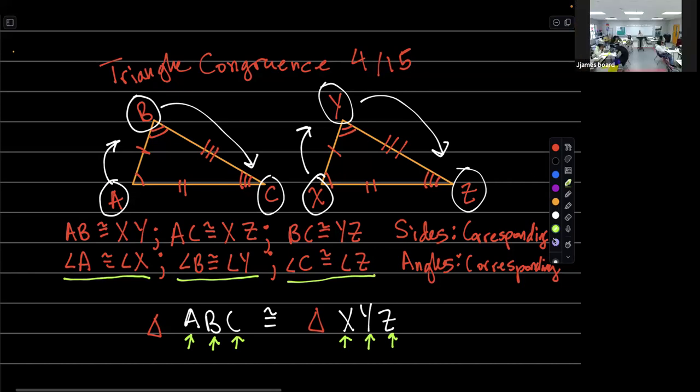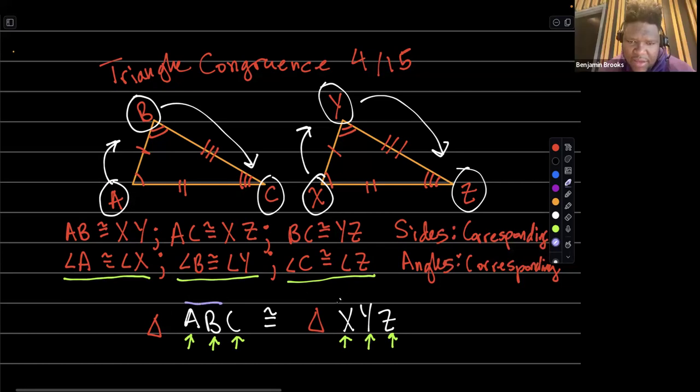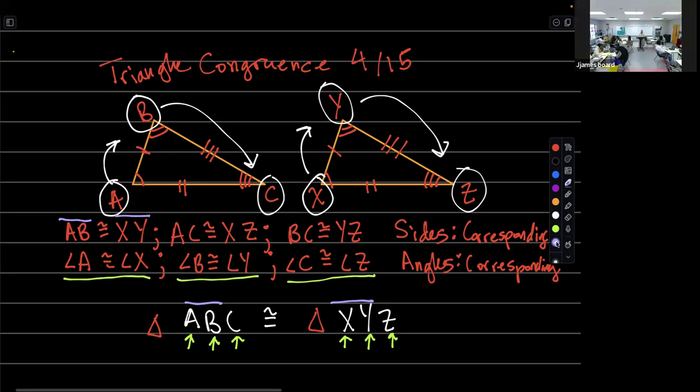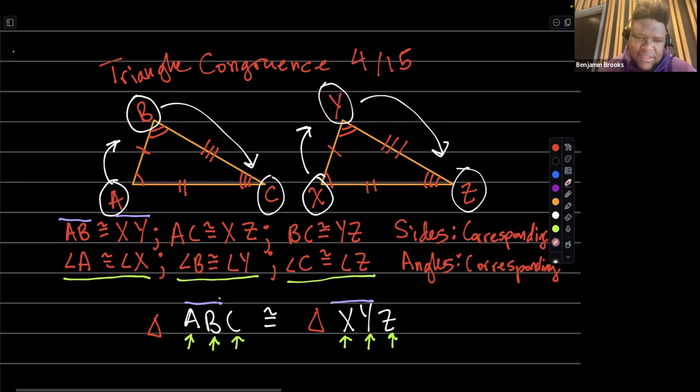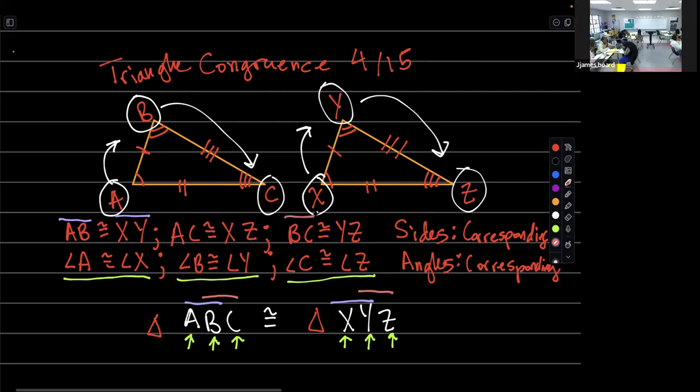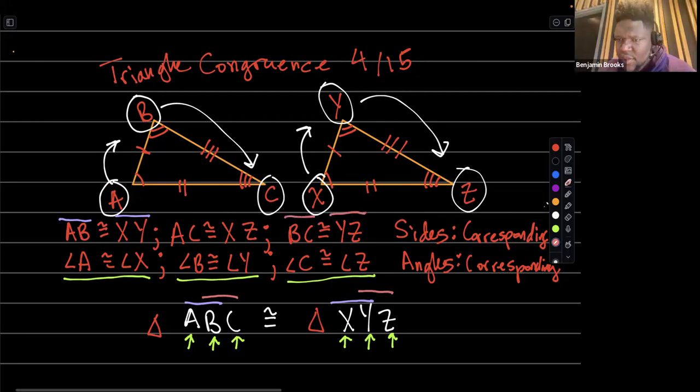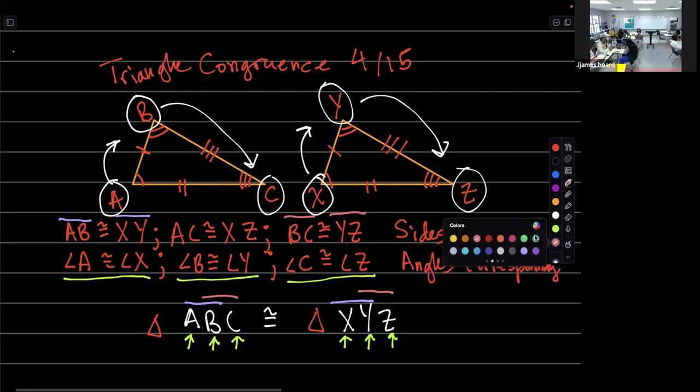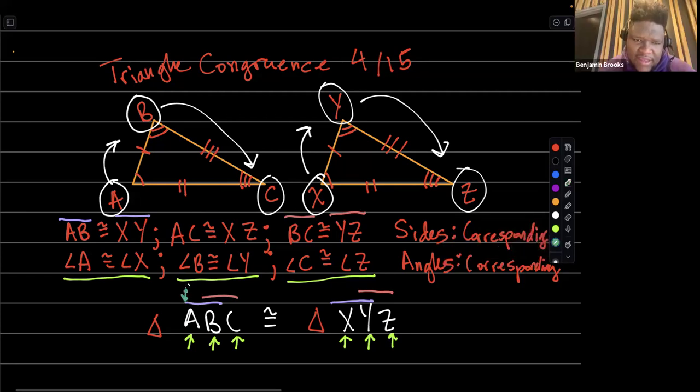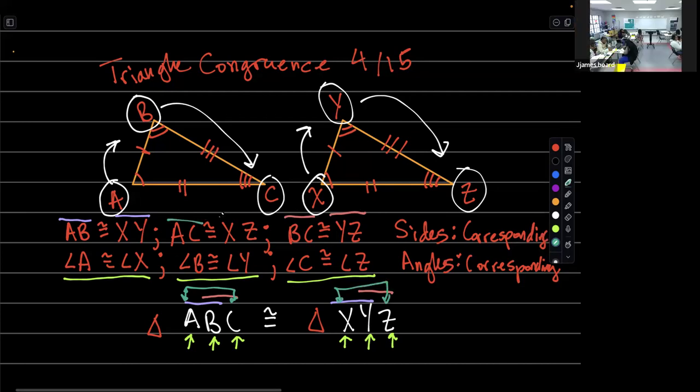Okay. You can see that AB corresponds with XY. You can see that BC corresponds with YZ. You can see that AC corresponds with XZ.